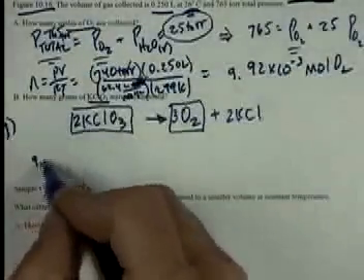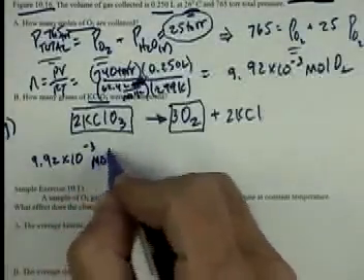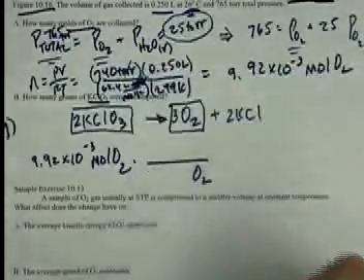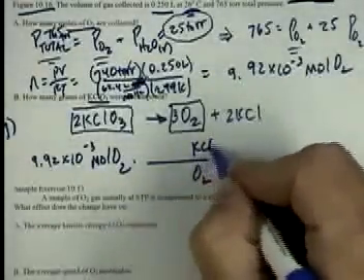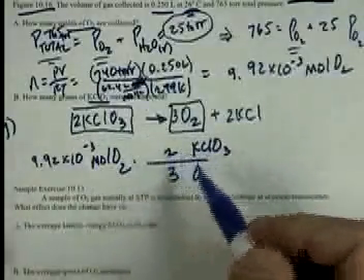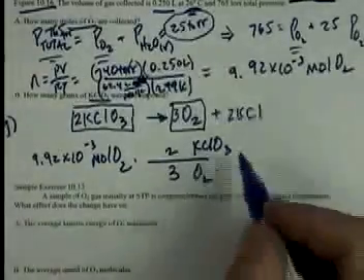Now, if you know that there were 9.92 times 10 to the negative third moles of oxygen produced, you should be able to multiply a ratio of O2 to KClO3. And the ratio was 3 to 2, or a 2 to 3 if you want to read it top to bottom.